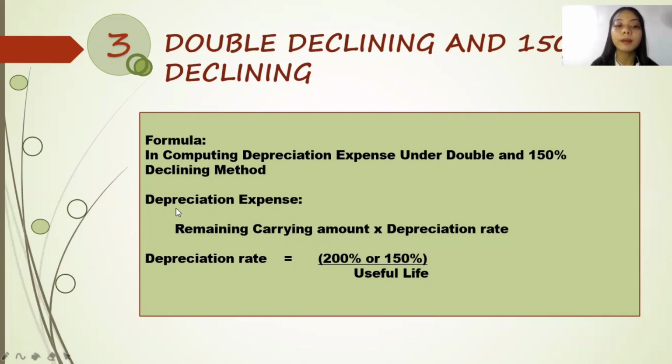Paano makukuha yung depreciation rate? 200% or 2, or 150% or 1.5, over useful life. Kung double declining, edi 200 or 2. Or 150 declining, 1.5 over useful life.